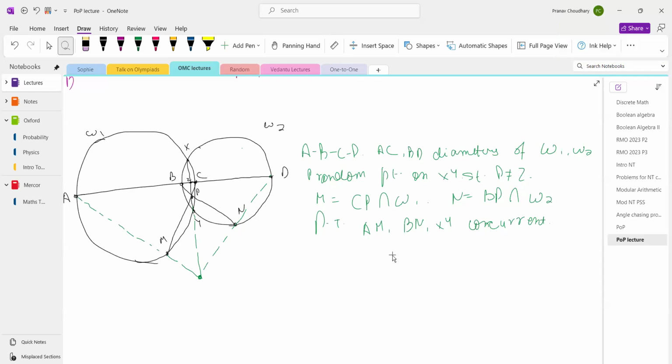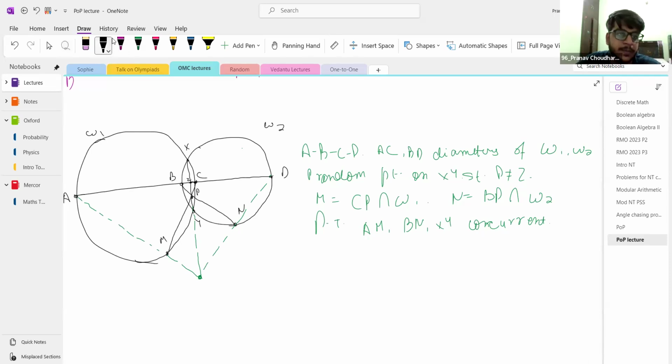Is P the Miquel point of AB and AD and the intersection point of AM and ND? Is it the Miquel point of ADX, where X is the intersection point of AM and ND?